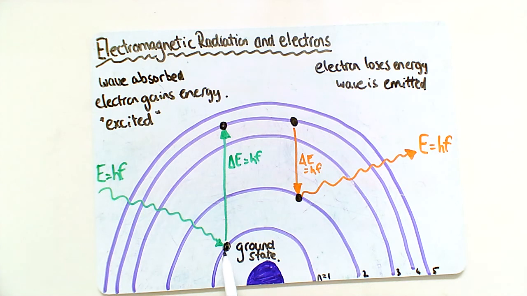A different amount of energy would be needed to take it from n equals 1 to n equals 2, or, again, n equals 1 to n equals 3. And so each atom will have a set number of wavelengths that it can absorb to allow its electrons to move. And every atom, because it's got a different charged nucleus, the energy levels are going to be different for each type of atom.